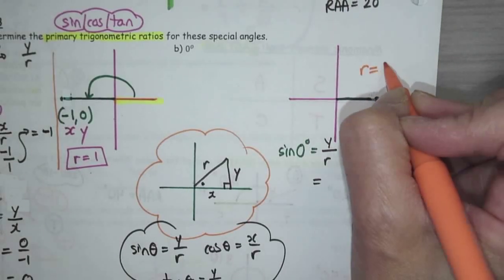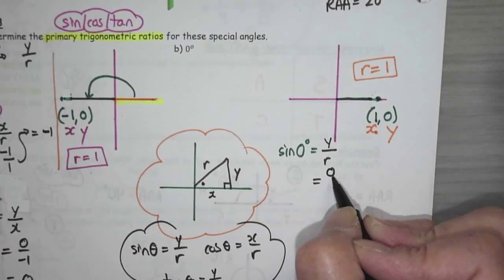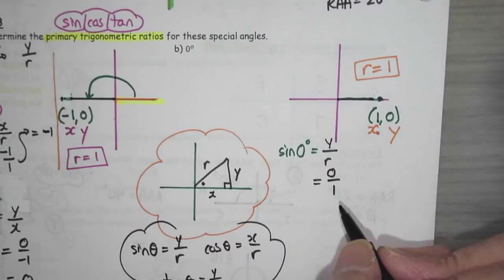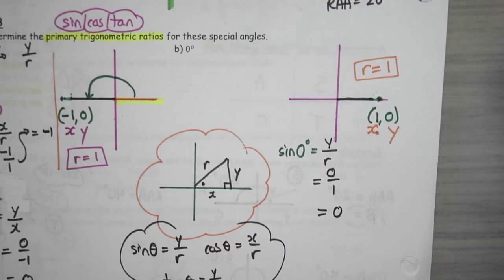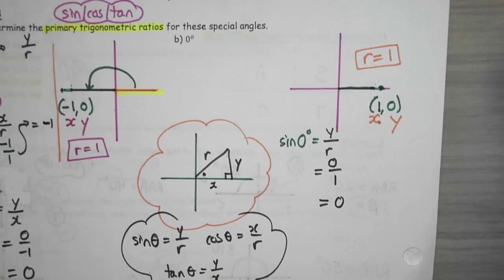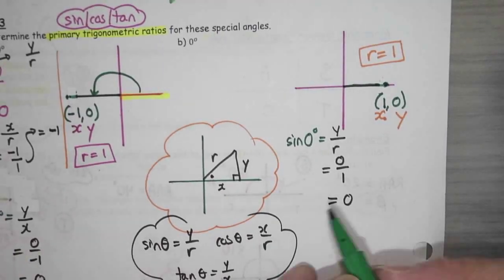R is 1. So y would be 0. R is 1. What's 0 divided by 1? 0. And again, all of these lovely patterns come into the graphing, which you get to in chapter 6. We learn how to graph it. Okay, so sine of 0.